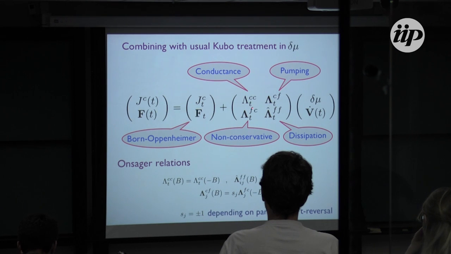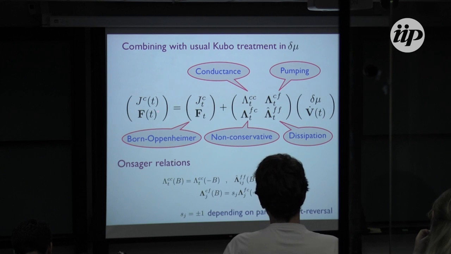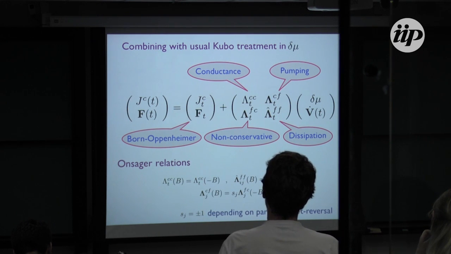And this coefficient, which relates delta mu with the force, defines a non-conservative component of the force due to the fact that there is a charge flow, and this coefficient is related to the dissipation. It's a coefficient which gives terms with F proportional to v dot.